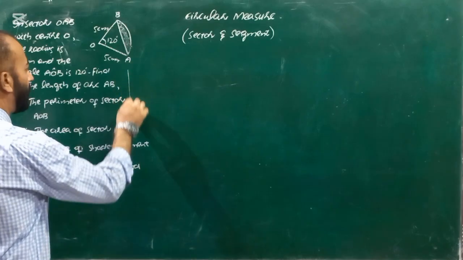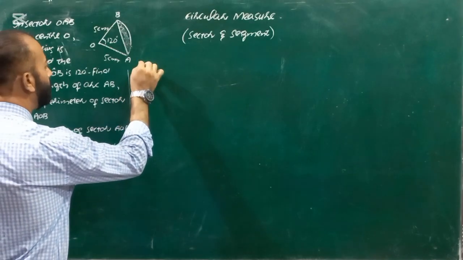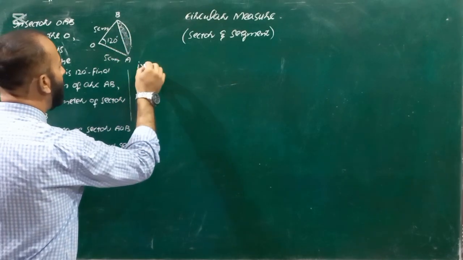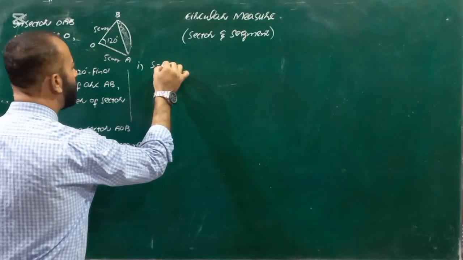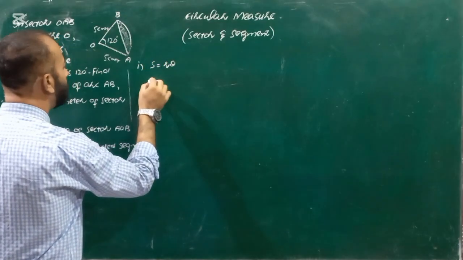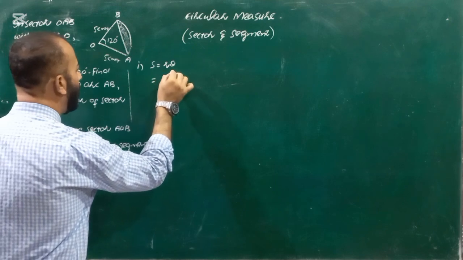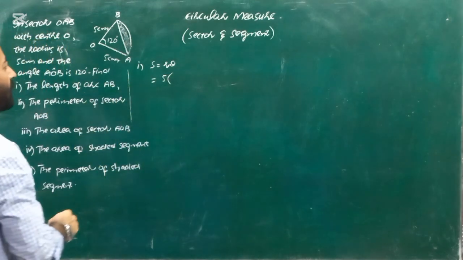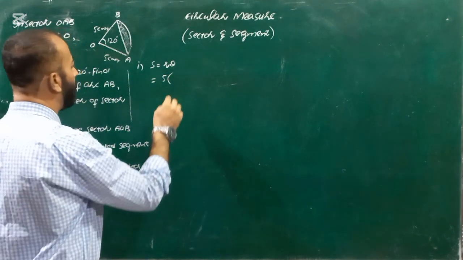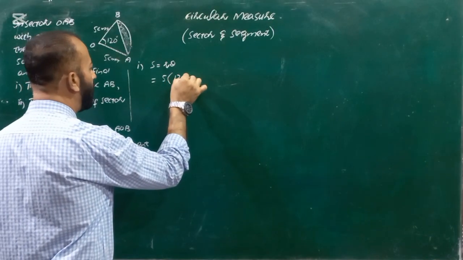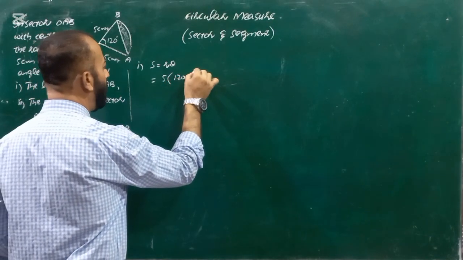Here is the first part. The arc length AB formula will be used: s is equal to r theta. So the radius is 5 and theta will be converted into radian mode, so that will be 120 into pi by 180.